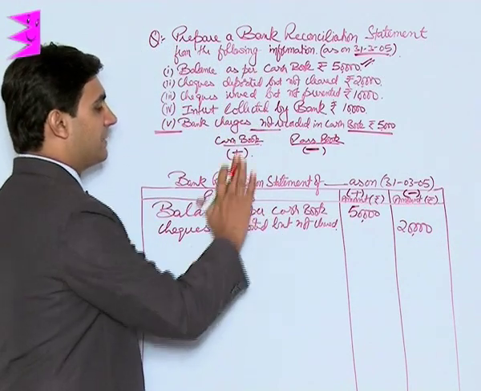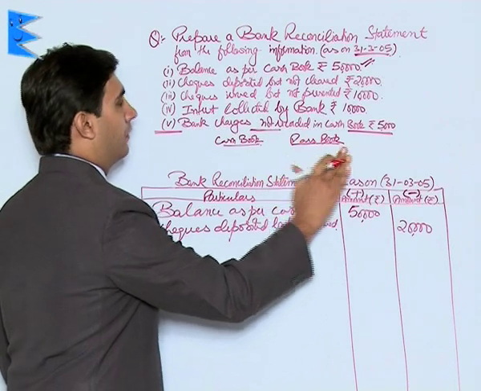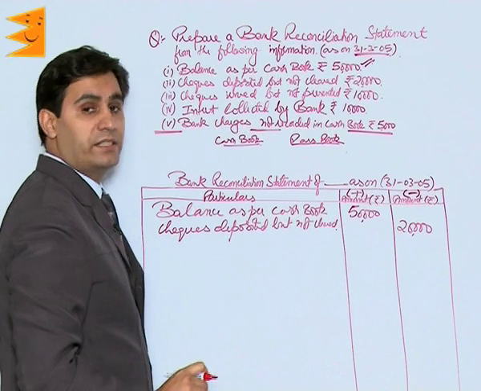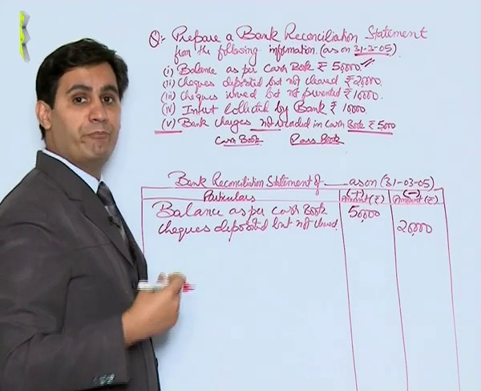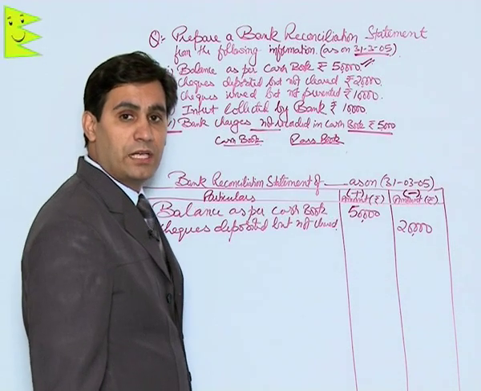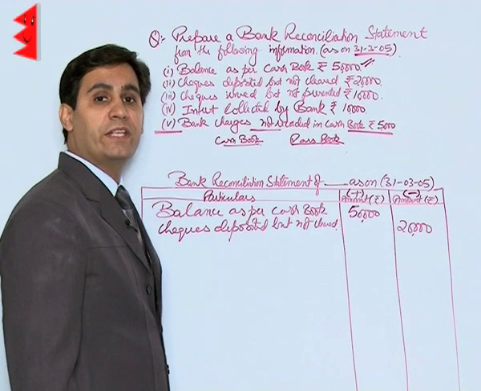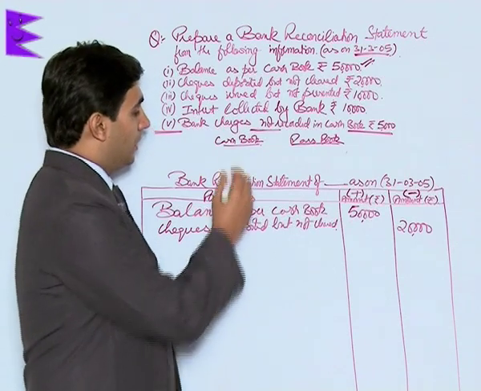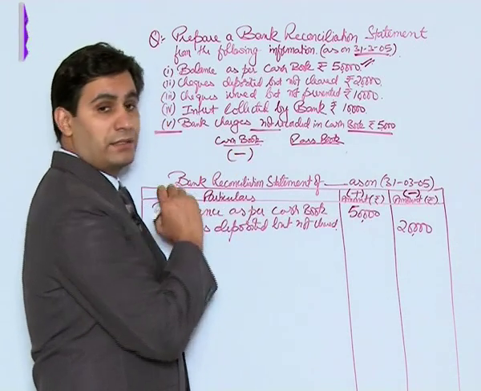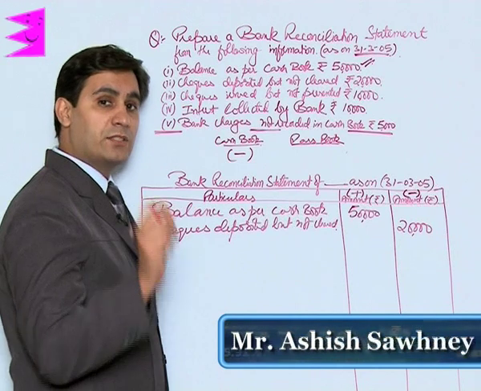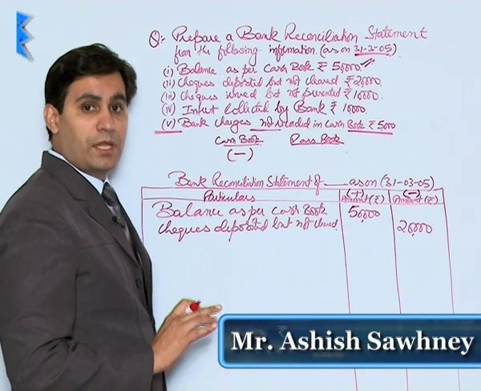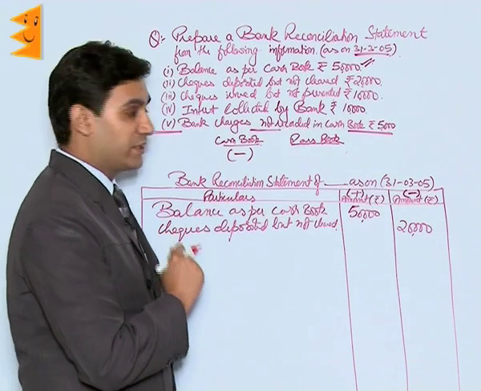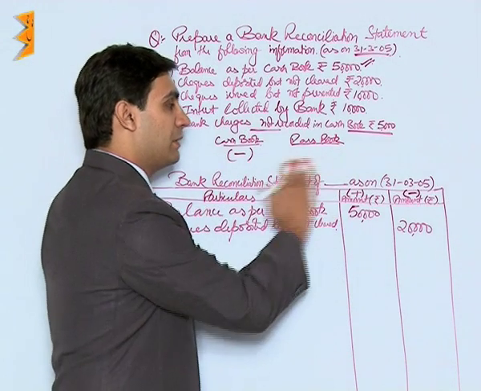Now students, coming to the third one here, checks issued but not presented 10,000. That means we have made payment of rupees 10,000 but the creditors have not yet presented those checks. Since we have made the payment, we will reduce our bank column balance in the cash book. As soon as we issue checks, we reduce our cash book balance, but no payment has been made.